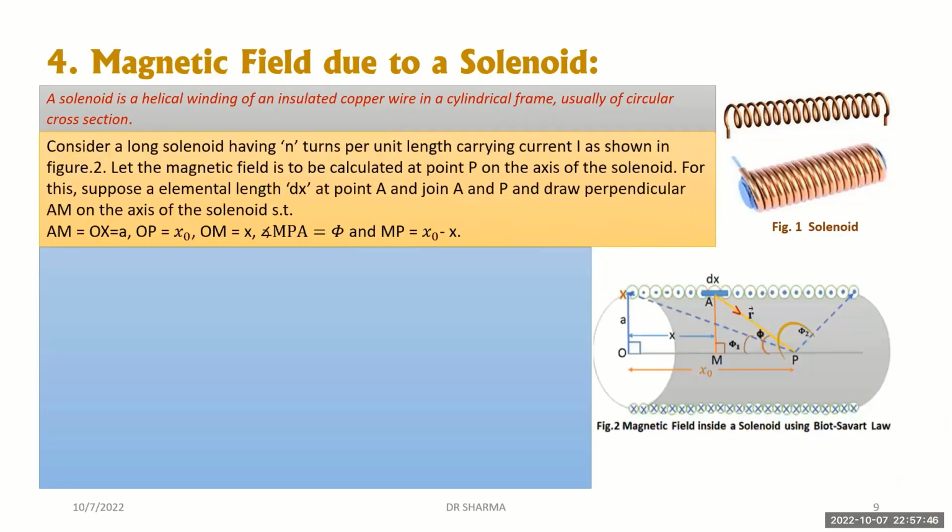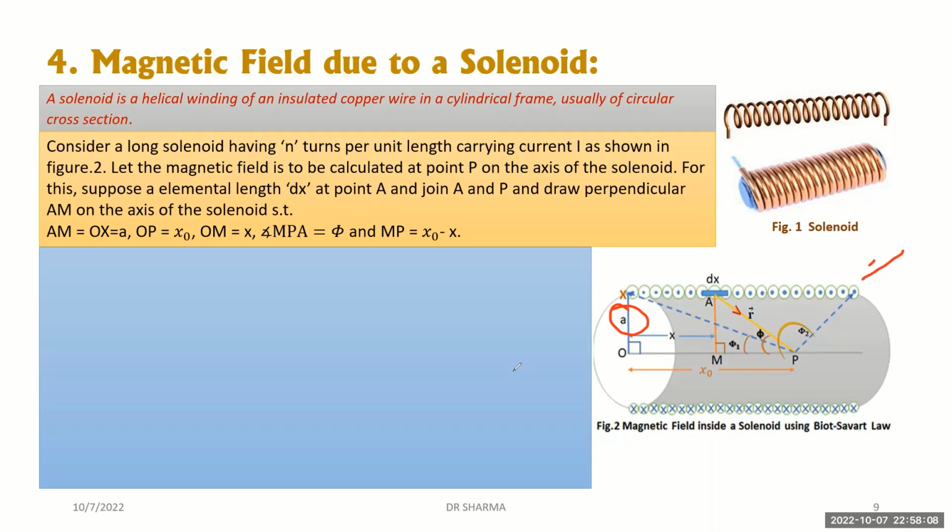Consider a very long solenoid of radius a, as shown in figure 2, that carries current I in anticlockwise direction at the right end.